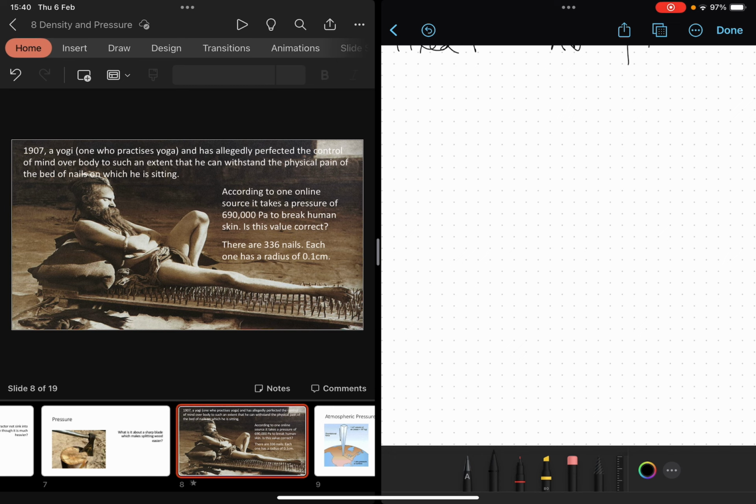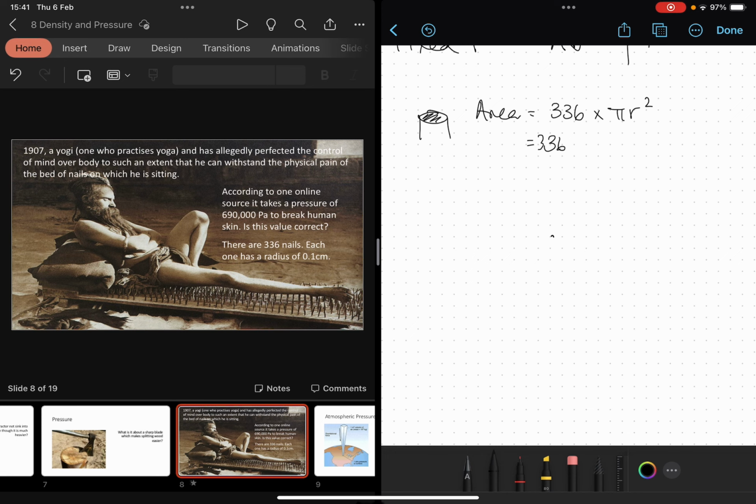We're told that the radius of a nail is 0.1 of a centimetre. So in other words, each nail, which is what you're going to lie on, the tip of the nail, has an area of pi r squared, but we've got 336 of them. So let's assume that this yogi is lying on every single nail. So the total area of those nails is 336 lots of the area of one nail.